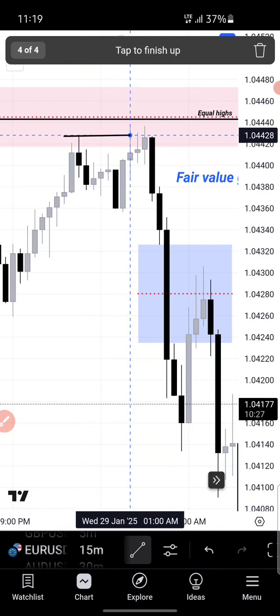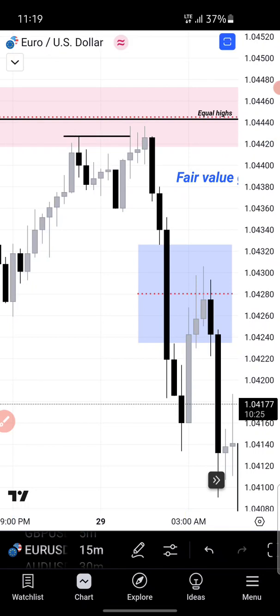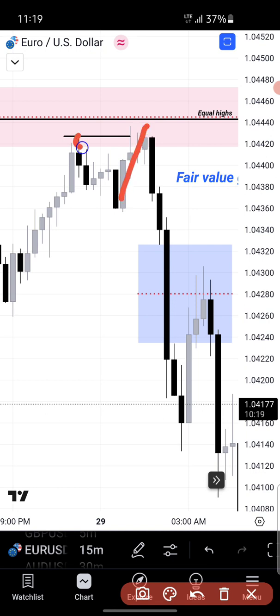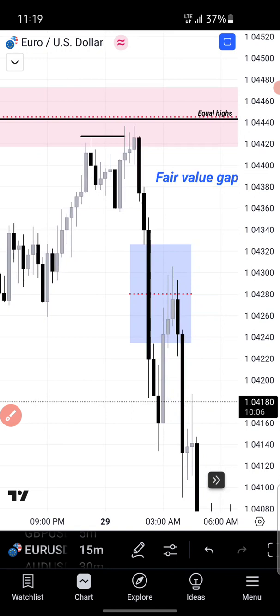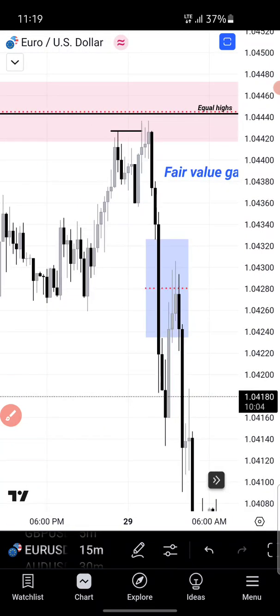Price took a form of buy side liquidity here. That simply means that price went up and swept this high. So when price went up and swept this high, we had a very large drop to the downside, which implies that the market has not turned.